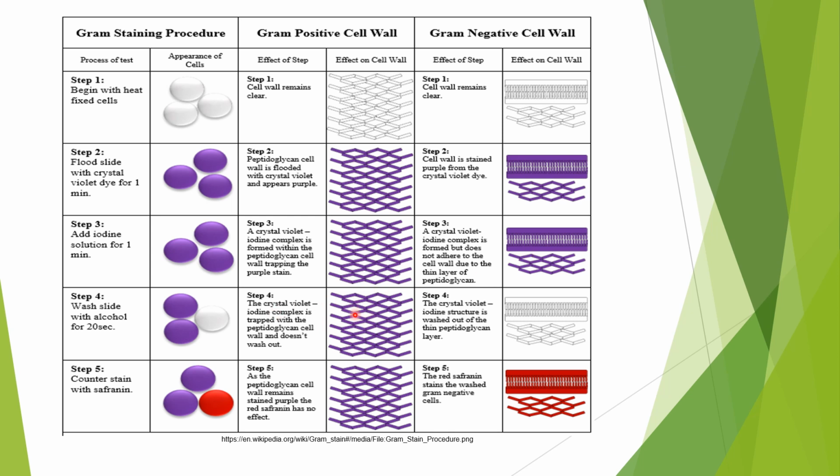And then you add your decolorizer, okay? And with your decolorizer, you have to be very careful how long you keep it on. We're going to talk more about that in lab.